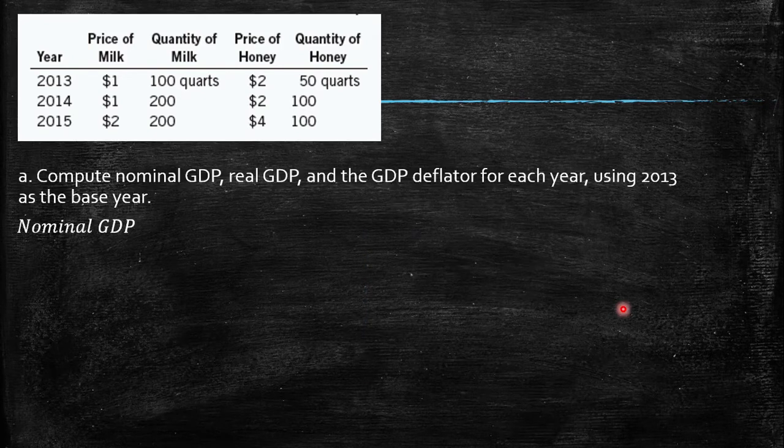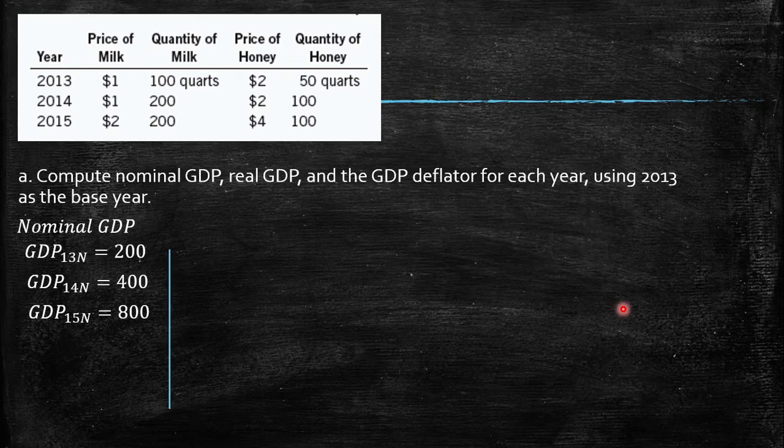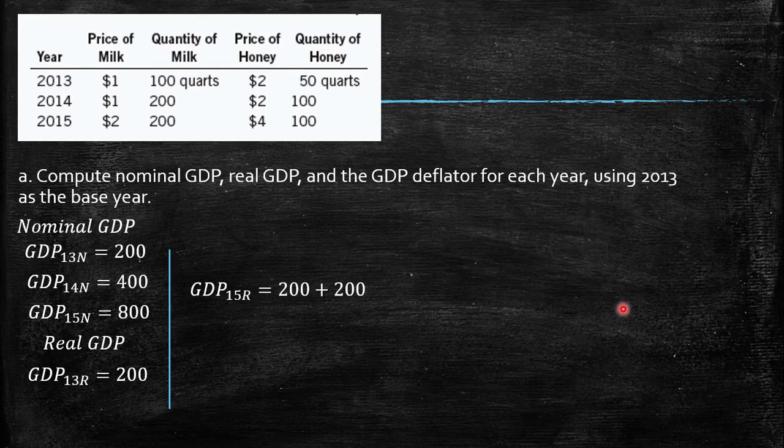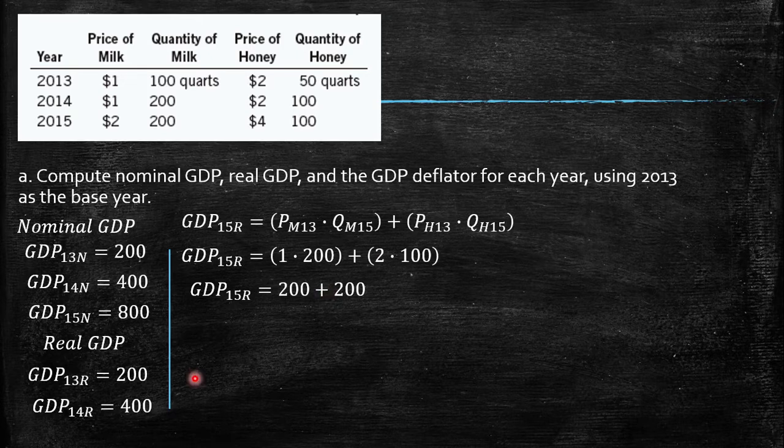Then we move to 2015. 2014 we already did, and for 2015 we have prices again of 2013 times the quantities of 2015, and then we end up with 200 plus 200, so we have 400.